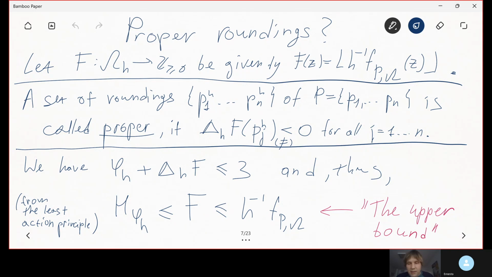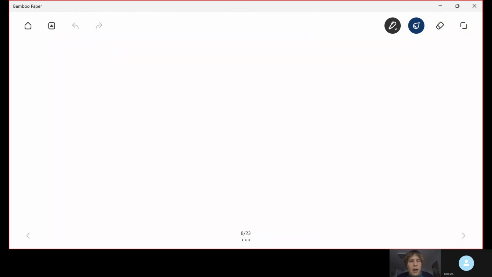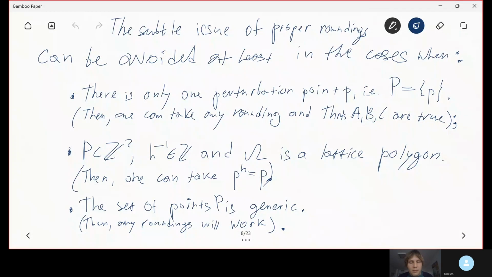In any situation, they exist, and I include this slide to soothe you, in the sense that this is a minor technicality to make the theorem general enough. Actually, there are quite satisfactory setups where you avoid these proper roundings whatsoever. For example, when you have one perturbation point, we avoided it completely.